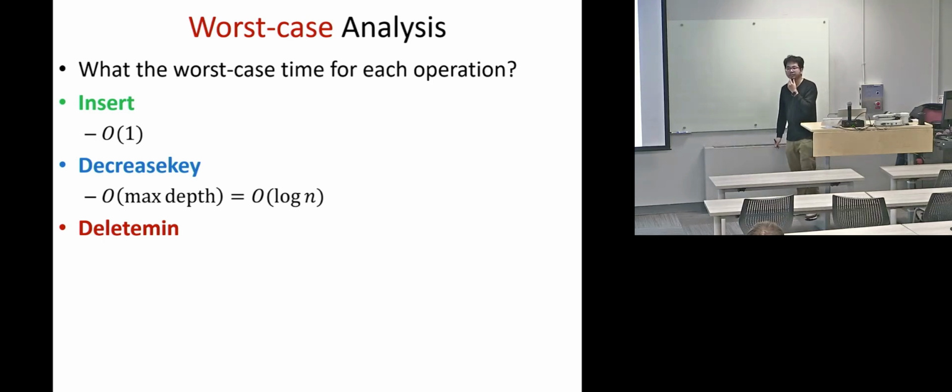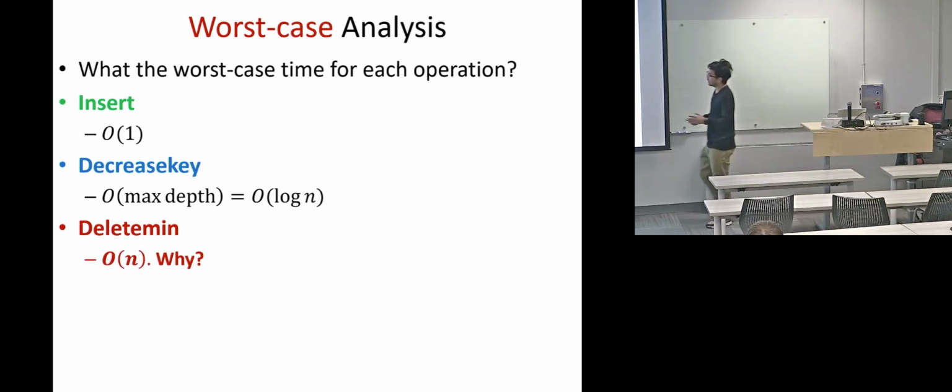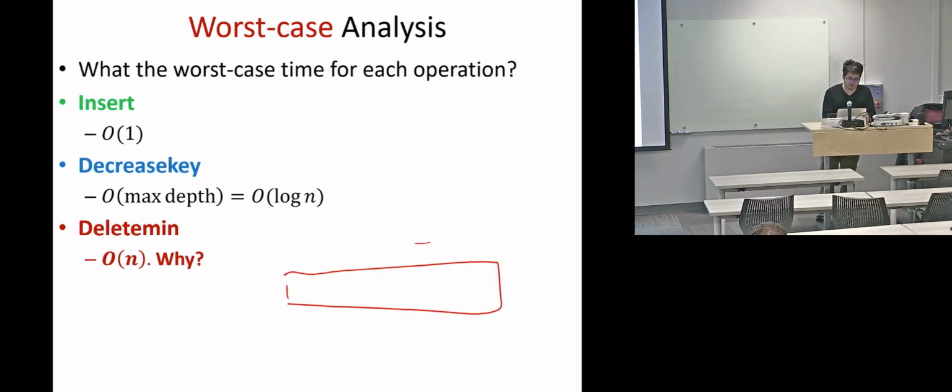Yeah. What if all of the nodes are in rank 1 and you delete them and then you need to regenerate? Exactly. Actually it can be order of n, and the reason is this. Just imagine that you start from empty, rank 0, and keep inserting n times.